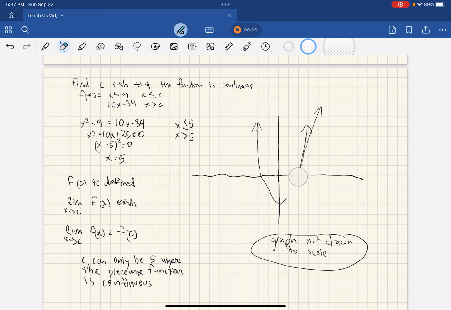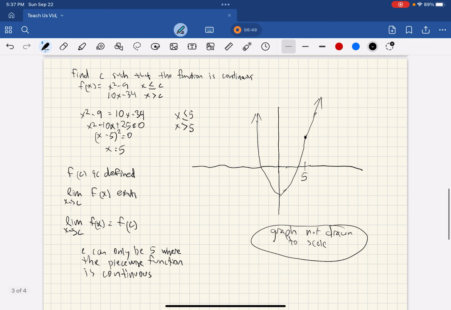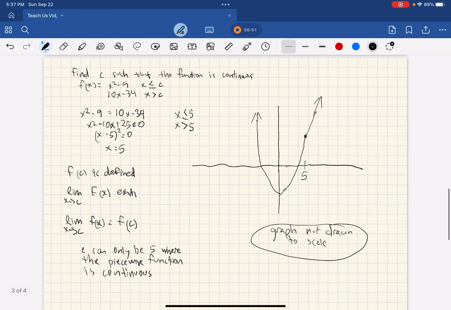So it'll just look something like this, then this. So yeah, this is what the graph will look like.